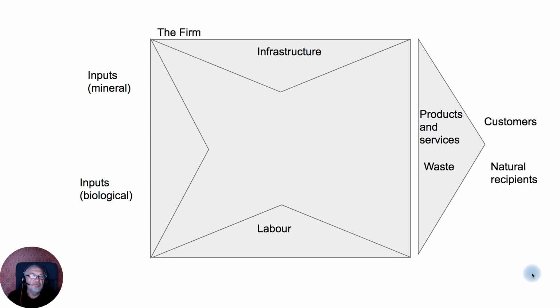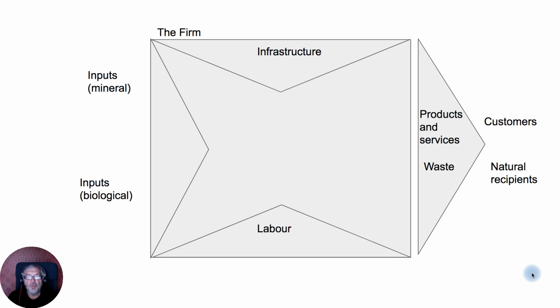It has inputs which it uses, mineral inputs, biological inputs, coming from the left here. At the top, it has the infrastructure. Infrastructure is everything like tools and buildings, all those kinds of things. And then labor, it's employees that it employs to produce everything. And then it's the products and services produced for the customer.